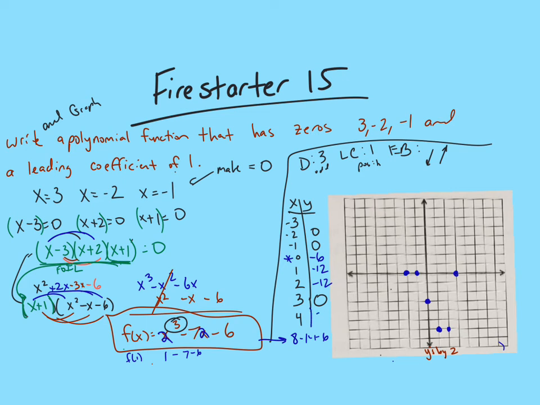So I plug 4 in my calculator. I get 30. And the last thing I want to do is plug in -3. If you're being really picky, you might want to plug in -1.5, just so you know where that graph is.